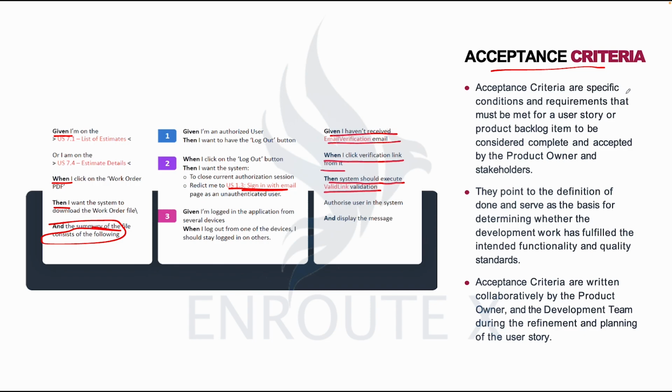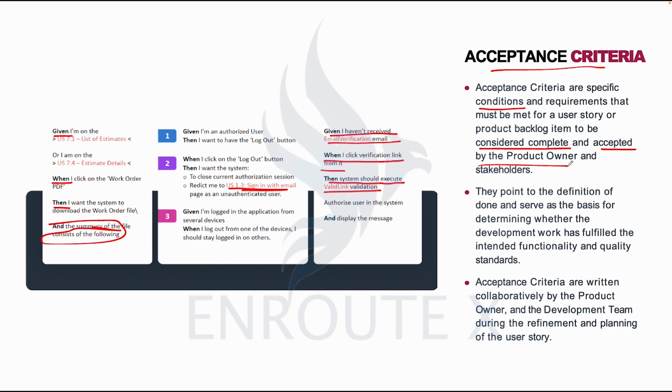Acceptance criteria are specific conditions and requirements that must be met for a user story or product backlog item to be considered complete and accepted by the product owner. I mentioned earlier in previous classes that only the product owner can accept a completed piece of work.